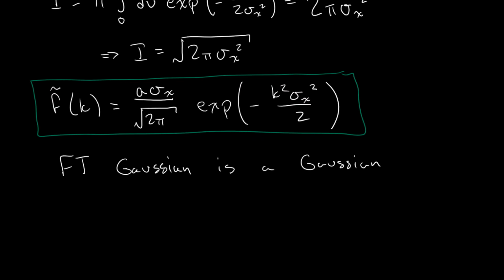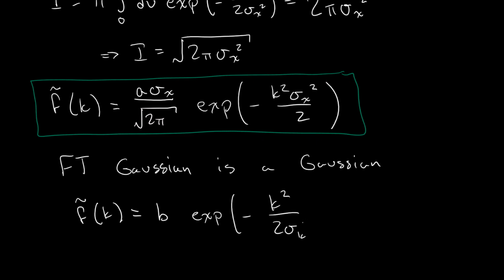And in particular, if I'm just going to rewrite this, f of k equals, I don't care, I'll call the constant b, exp minus k squared over 2 sigma k squared, where now sigma k is the Gaussian's width in k space.